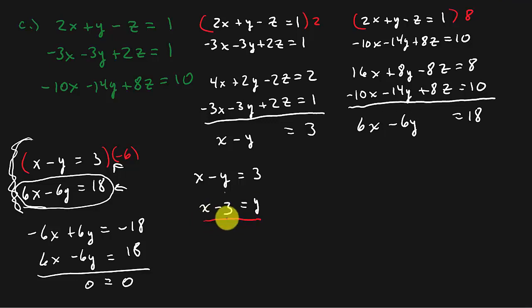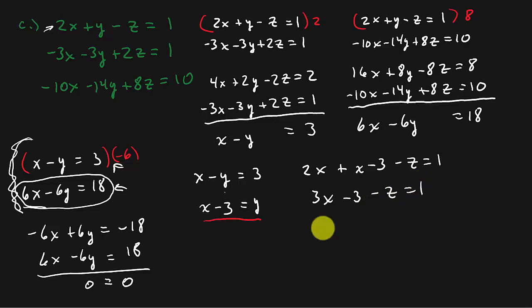So now I'm going to take this and plug it into one of these 3. How about we just plug it back into the first one? That's going to give me 2x plus y, and what's y? It's x minus 3, minus z equals 1. And so I get 3x minus 3 minus z equals 1.